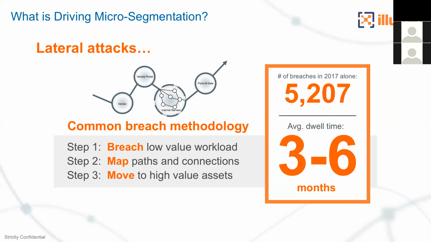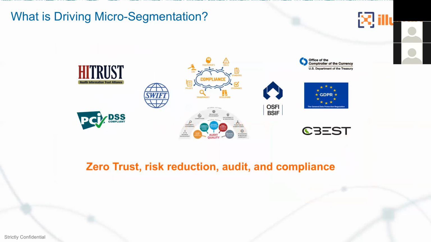In the Target breach, it was a vendor portal that was breached through an HVAC system, which got them into the environment. They were able to work their way over to the point of sale systems. So stopping these lateral attacks is the main driver behind segmentation for organizations looking to protect their brand and stay in compliance, which really drives the second piece.